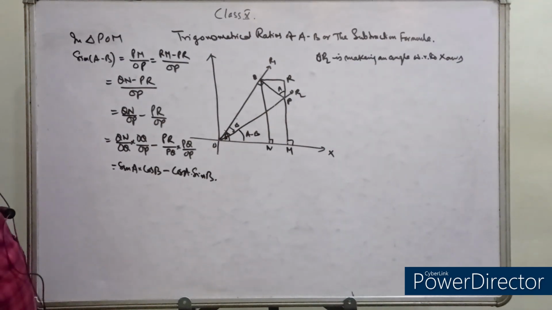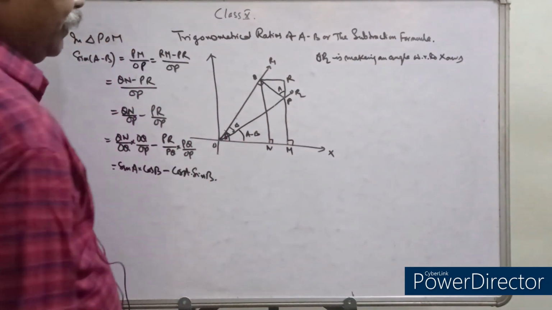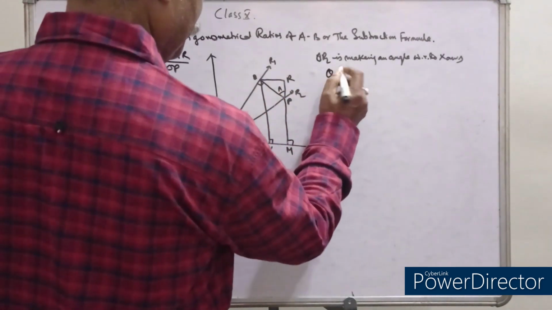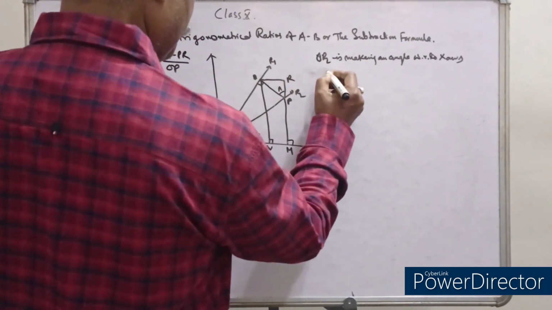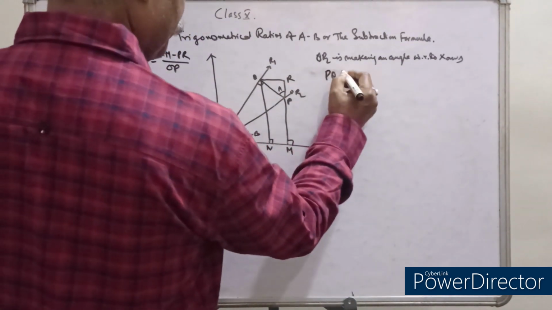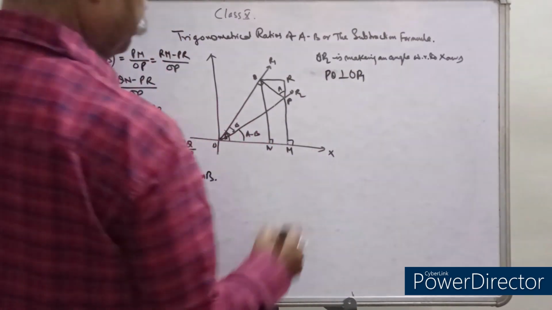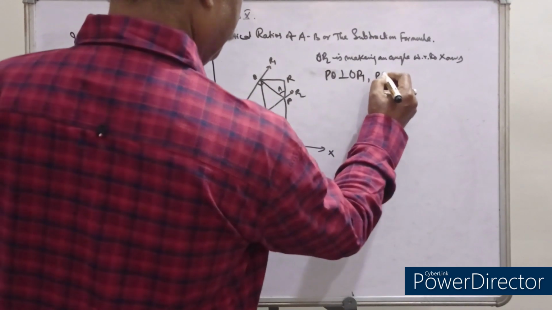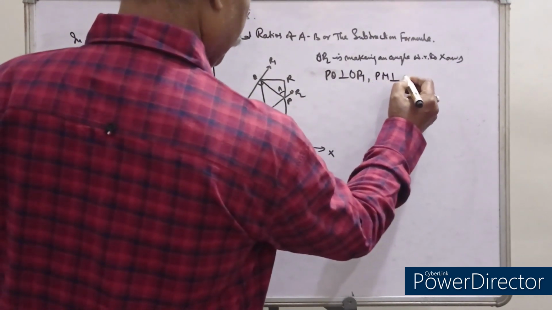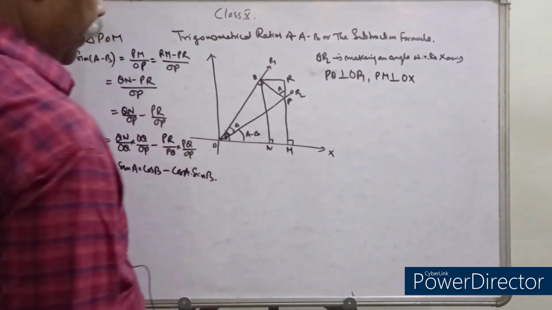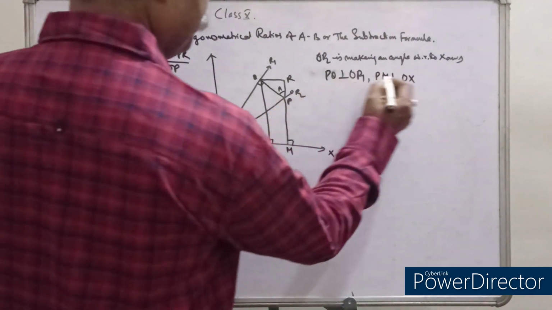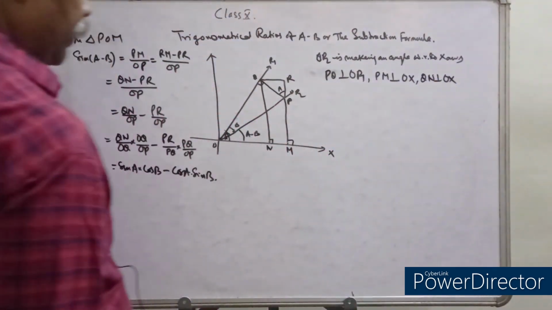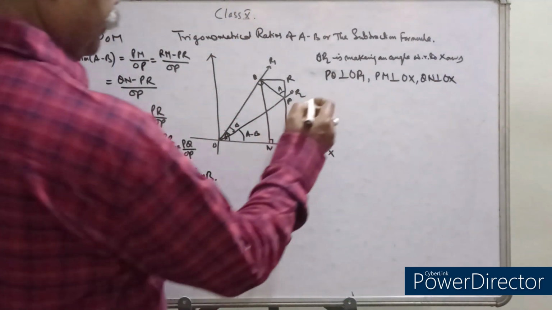Now similarly, one thing I have not written here: from point Q, PQ is perpendicular to OR1, PM is perpendicular to OX, and QN is perpendicular to OX.